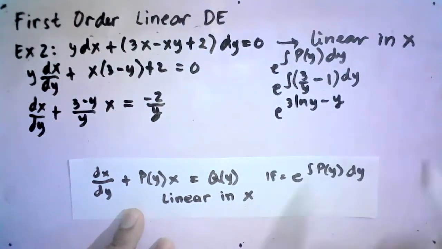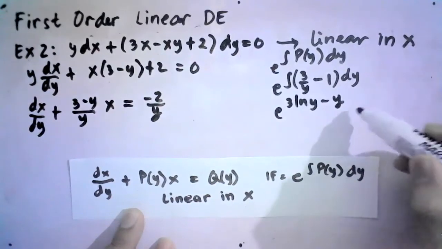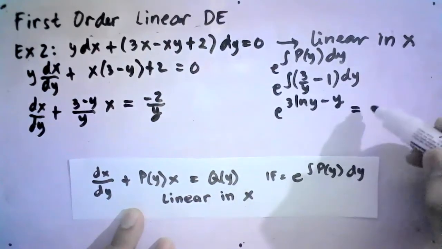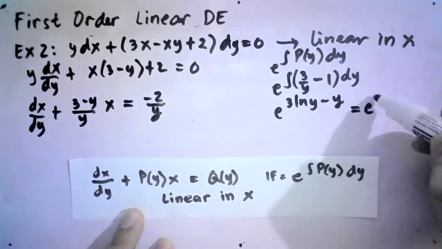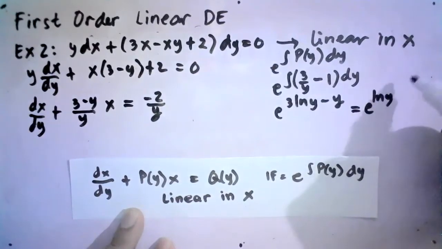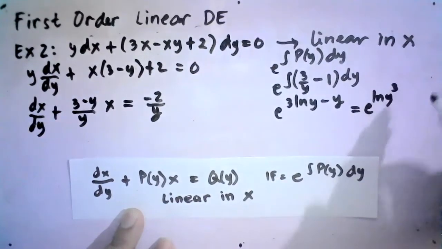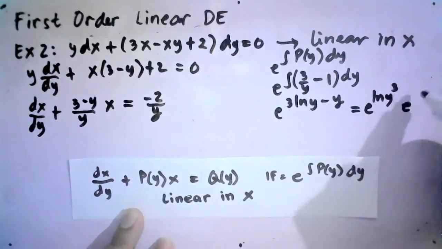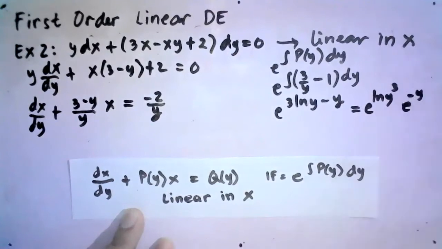If this is so, then we can rewrite this as e raised to ln of y cubed, and then instead of negative y, we write e raised to negative y.